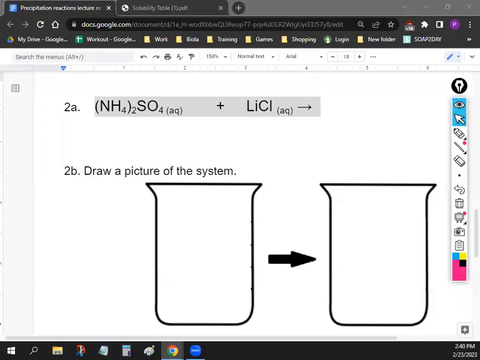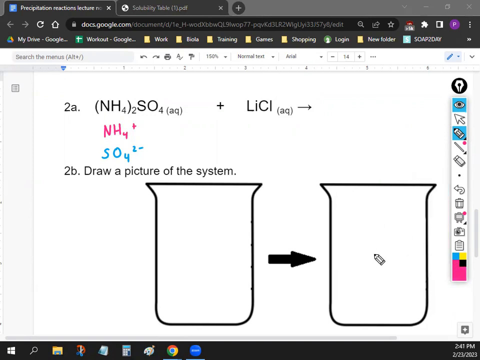Alrighty, guys. Let me write out the positive and negative ions for you just to make sure we all did it correctly. You should have noticed that it's going to be NH4 plus and SO4 2 minus. Any questions on the ions? You guys chilling? Okay.